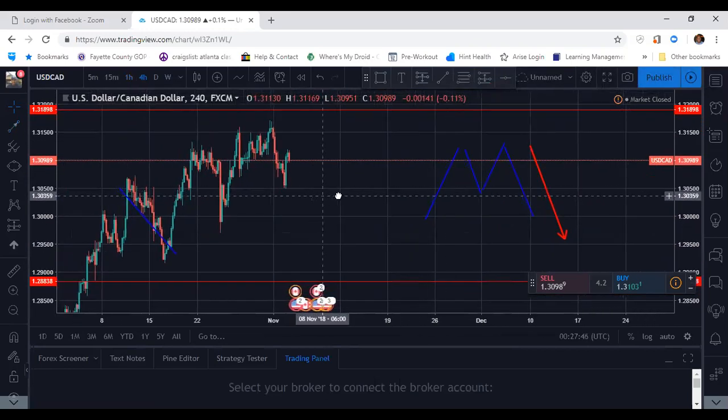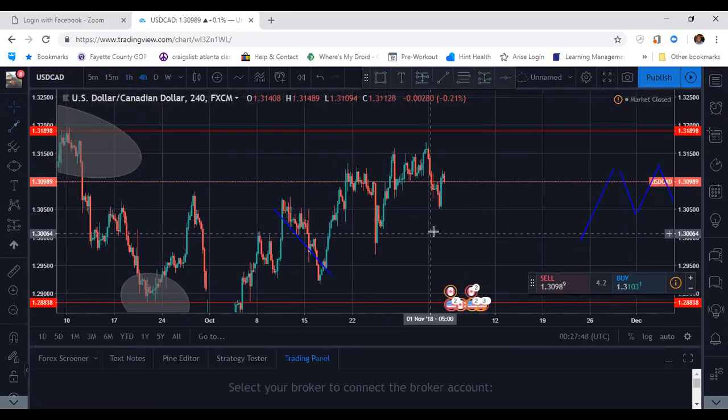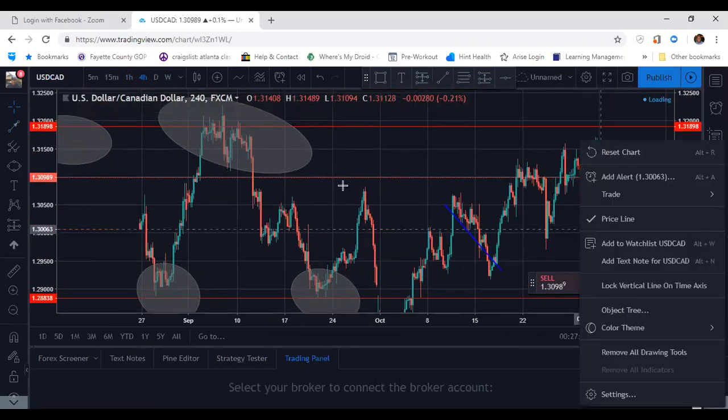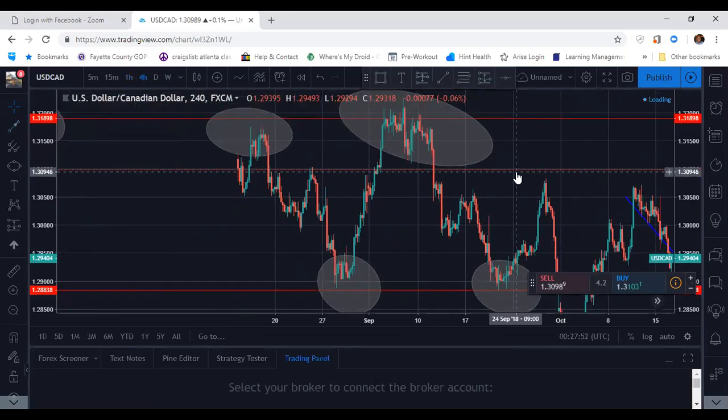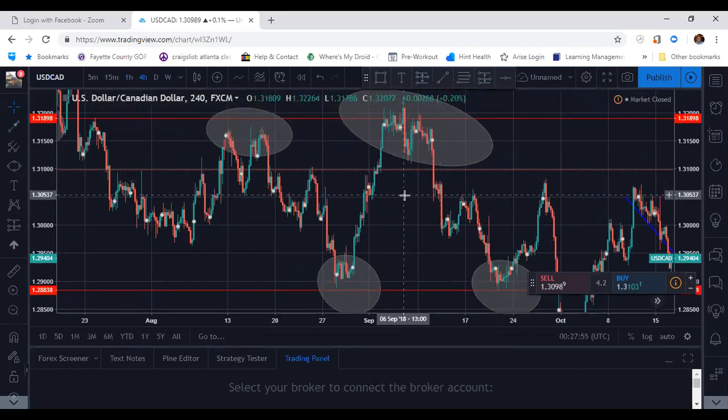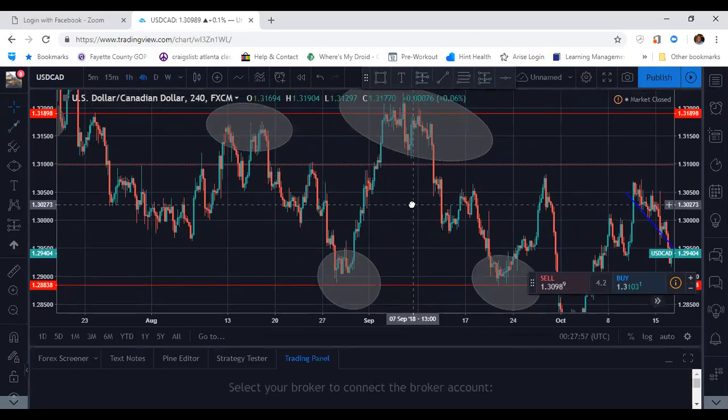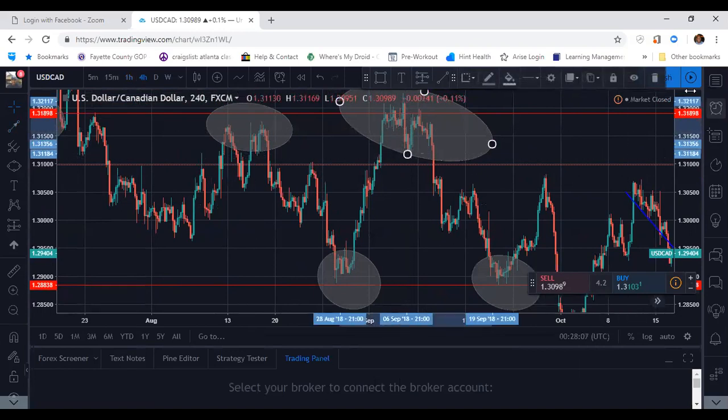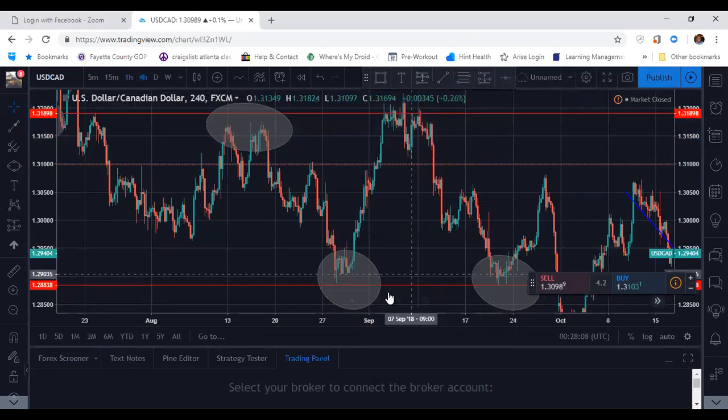So I'm trying to see a good double top pattern here. Let's see. Yeah, this is probably one. Yeah, right here.